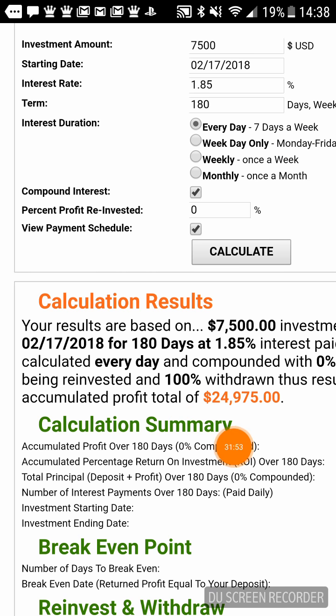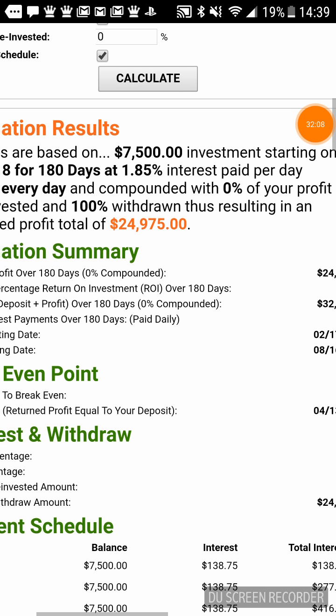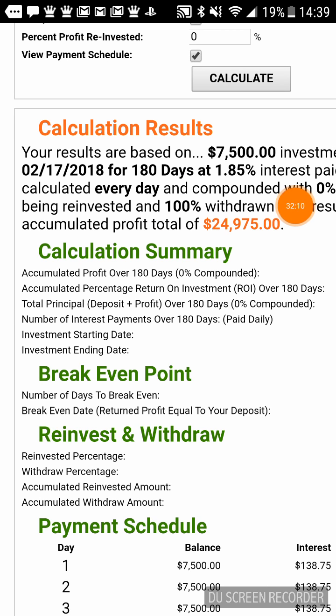Don't believe without a doubt. Don't put your faith completely in this number right here, specifically the principal plus your interest. The interest is pretty spot on for what you can expect as far as an increase in the interest that you're pulling out every day.